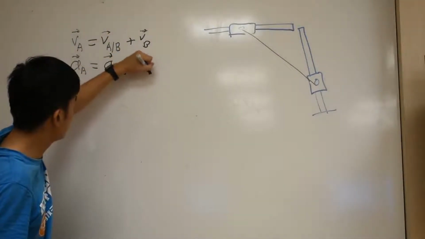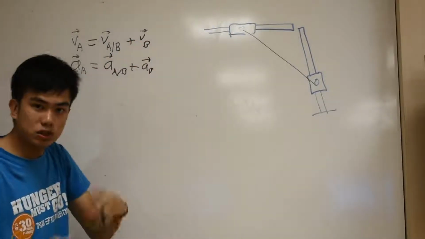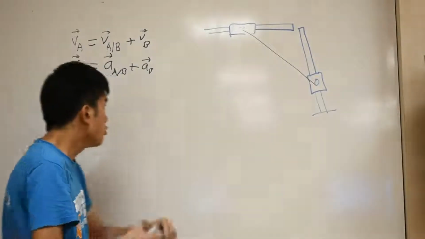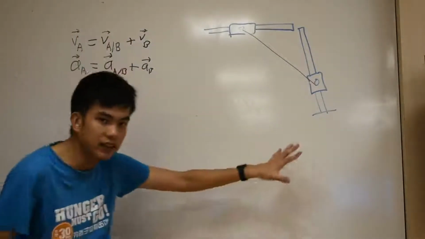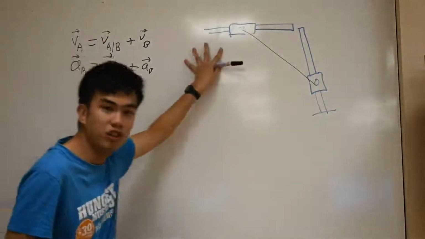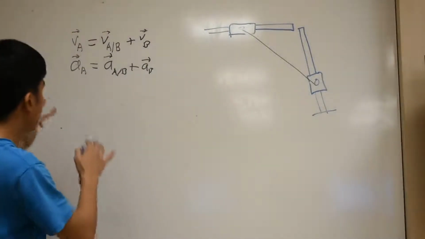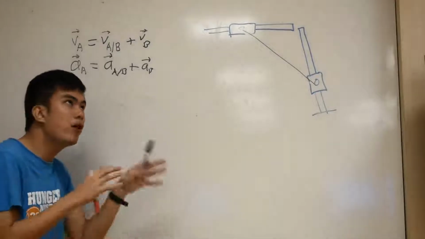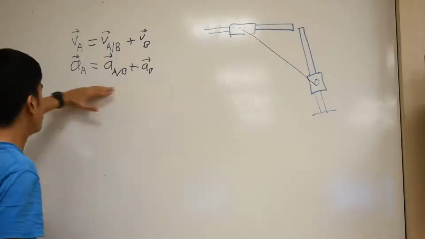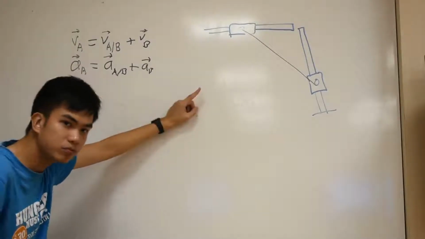Please do take note, if you proceed to further lectures in the course, you will realize that for the body attached rotating reference system, which is different from this, you have an extra Coriolis acceleration term. But in this case, because it's a point attached translating reference system, there is no Coriolis acceleration. These are the only 2 equations that you need.